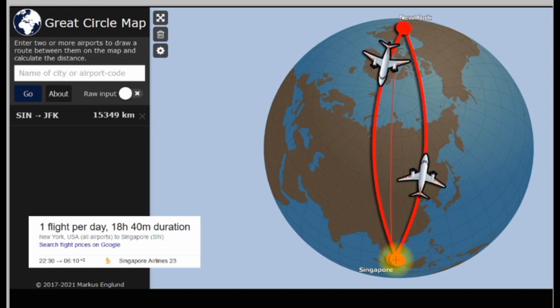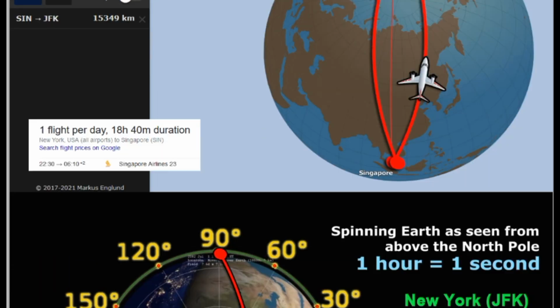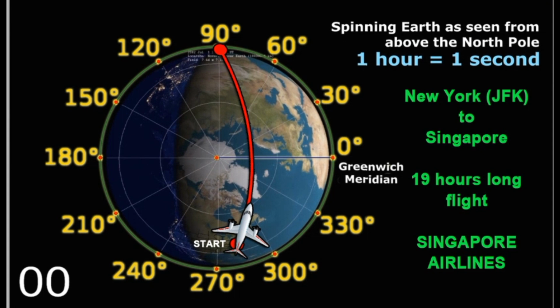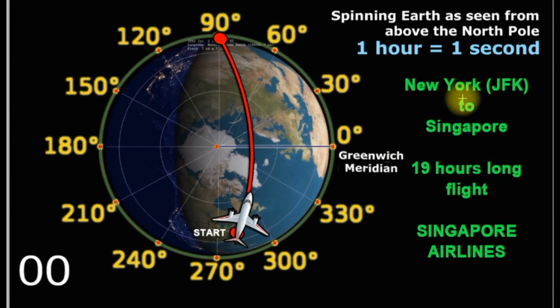And the funny thing is, this flight, when going from Singapore to New York, flies west of the North Pole, and when coming back from New York to Singapore, flies east of the North Pole. The reason is because there is a jet stream right here. And let's look now at the flight going from New York to Singapore.